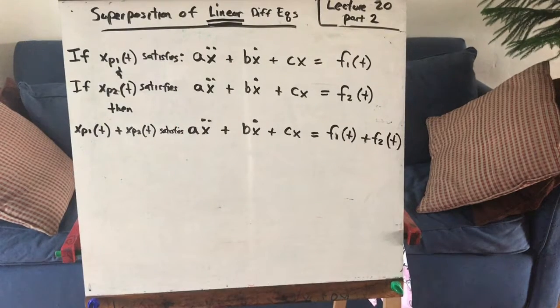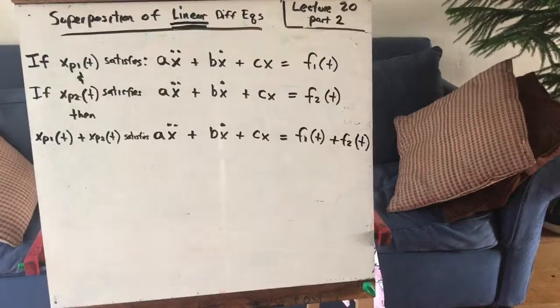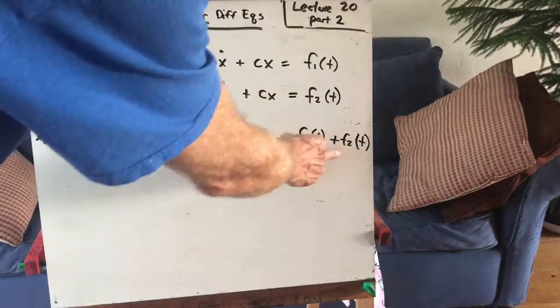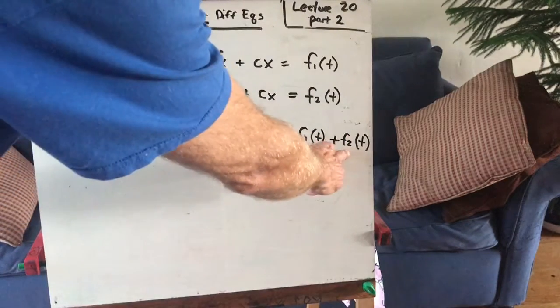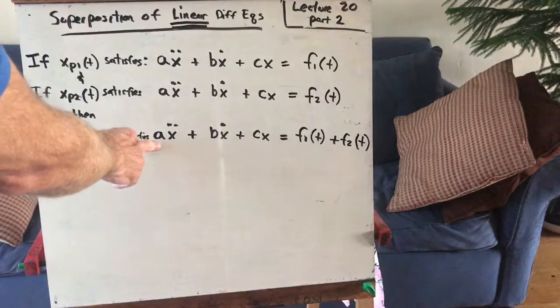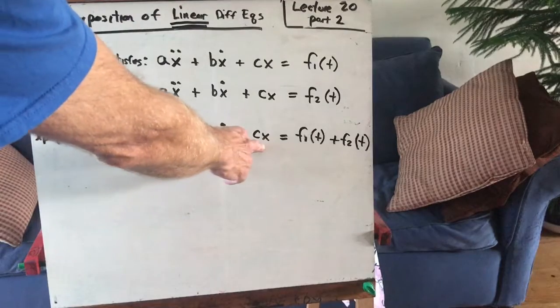All right? And so the way we're going to use this is, if you're given a differential equation in this form with two forcing functions, and it only works when this is linear. These are linear with constant coefficients, but for any linear differential equation, superposition will work.